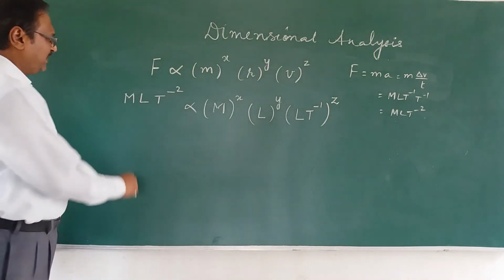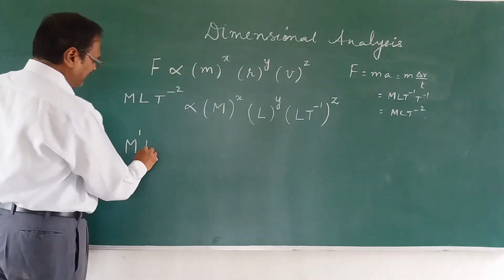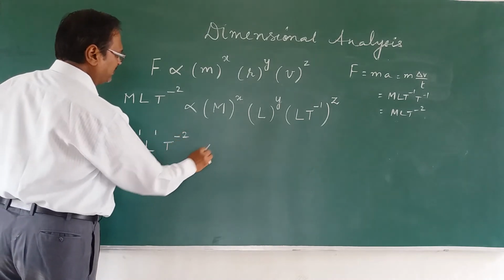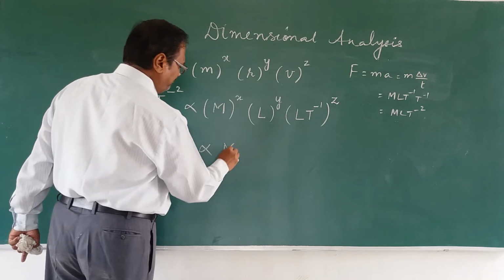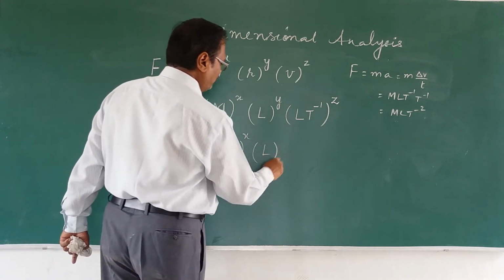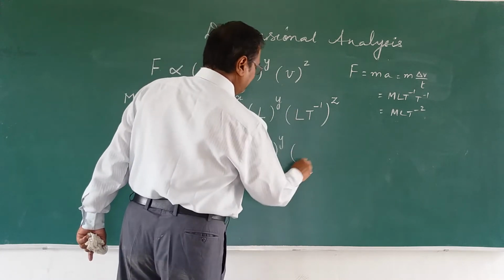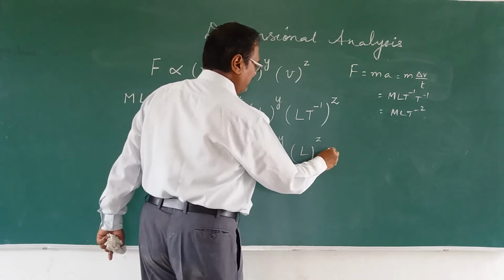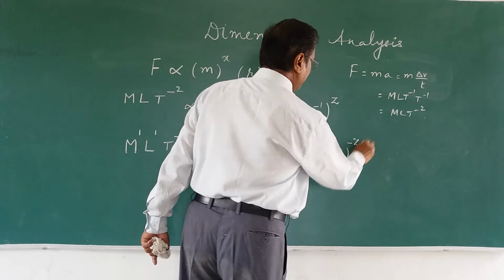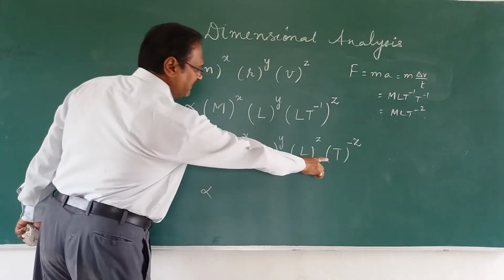Now next step. M power 1 is there, L power 1 is there, T power minus 2 is there, is proportional to M power, always put it in brackets, x, L power y, and again we will split it here, L power z and T power minus 1 into z, minus z. Keep this in mind. Okay, now that is proportional to, is there any other M?